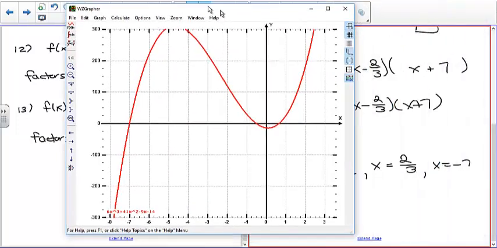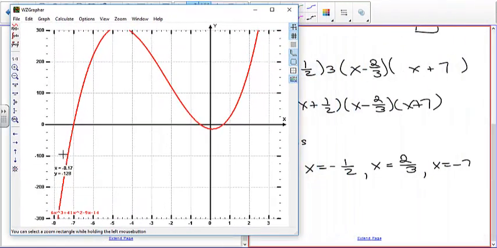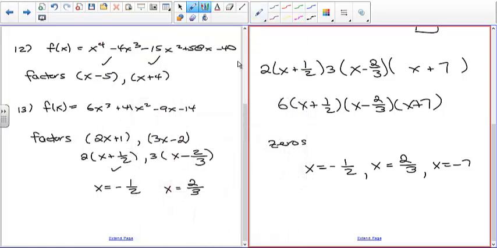So let's slide that over here. So here you can see x equals negative 7, which corresponds to that one. You've got one here which is negative a half, and then the third one is positive 2/3. So that verifies that this was done correctly.